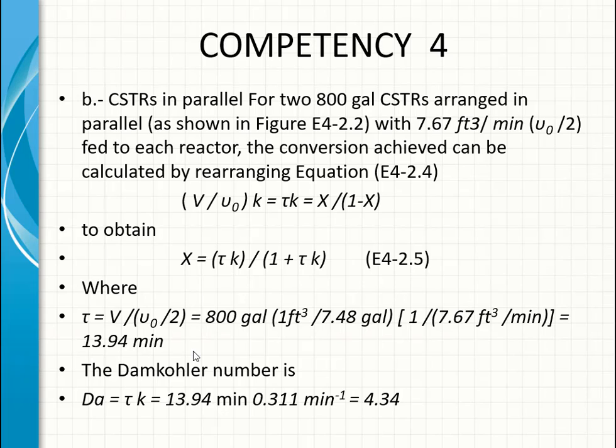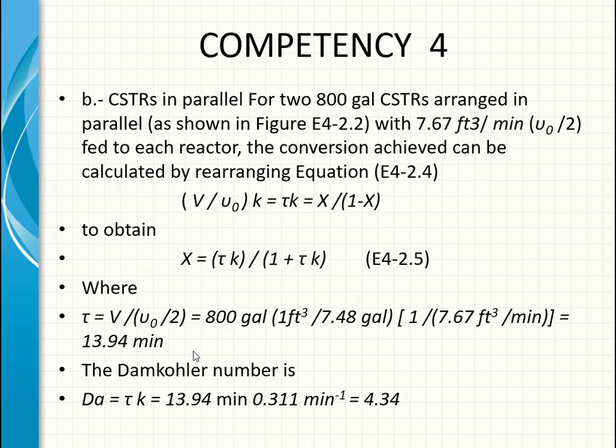Now, if we put these two CSTRs in parallel, and the two have 800 gallons of volume each, and we put them in parallel, the volumetric flow rate is going to be 7.67 because the total volumetric flow rate is going to be divided by 2.